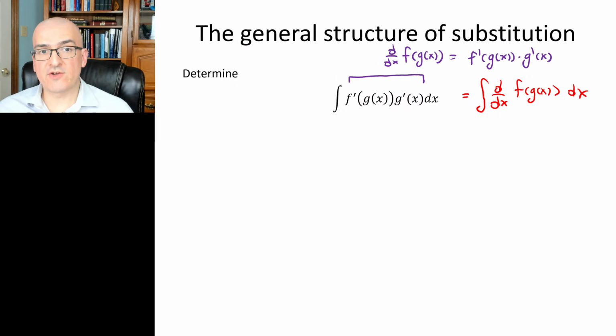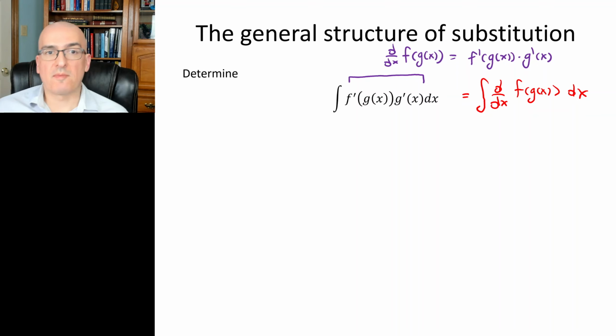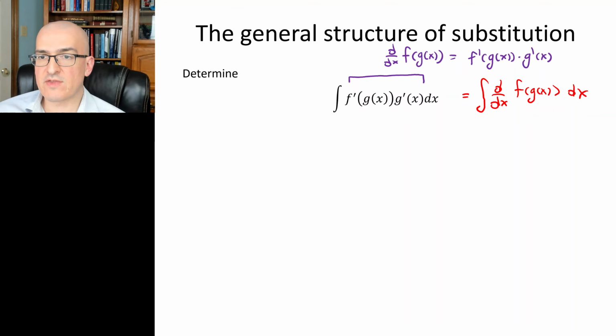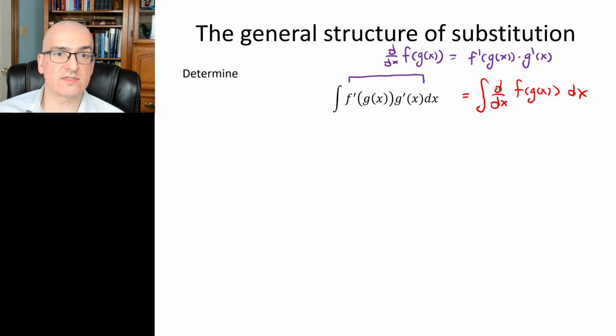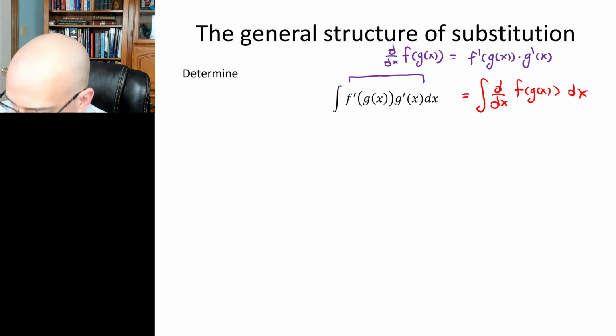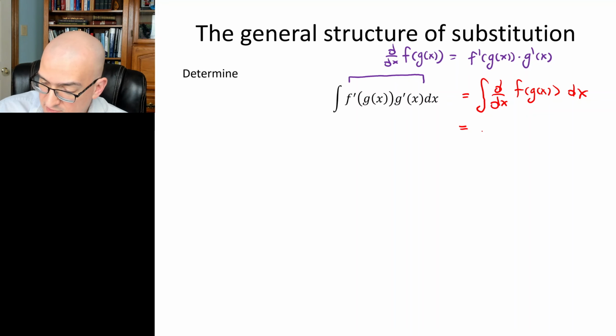And we know that derivatives and antiderivatives are opposite operations. When we take the derivative of, let's say, x squared, we get 2x. When we take the antiderivative of that 2x, we get back our x squared plus c. So if I'm taking the derivative of the antiderivative of f of g of x, I'm just going to get f of g of x plus c.